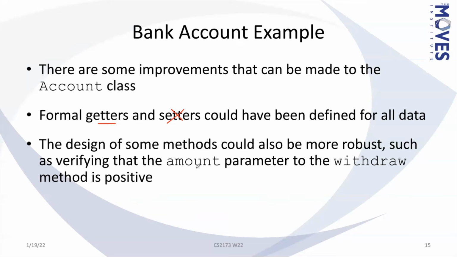More to the point, the withdraw method needs to be such that the amount in both withdraw and deposit needs to be positive. Otherwise, something is going to be off. And in addition, what if there's like $500 in the account and you invoke the withdraw method with $1,000?